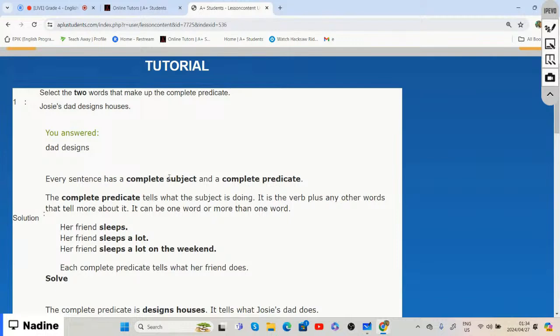It says Josie's dad designs houses. We need to select the two words that make the complete predicate.